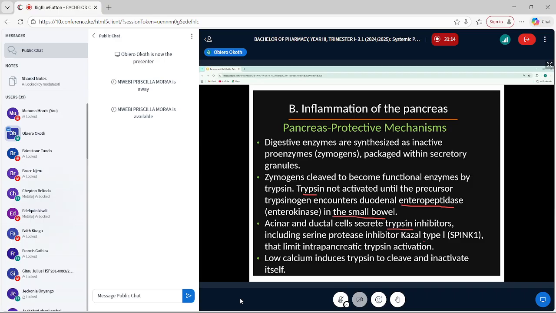The best one is called serine protease inhibitor Kazal type 1, or SPINK1, and this limits intrapancreatic trypsin activation. Low calcium also ensures that trypsin cleaves and inactivates itself. In an area where there's low calcium, trypsin is made to inactivate itself. So these four mechanisms are what enable the pancreas to protect itself from its own arsenal.